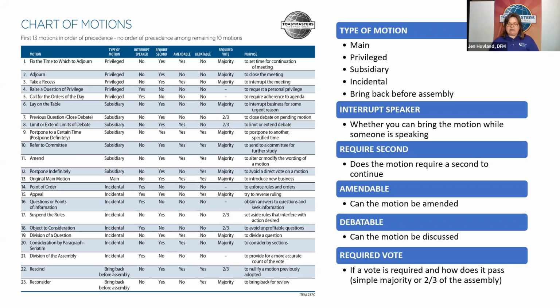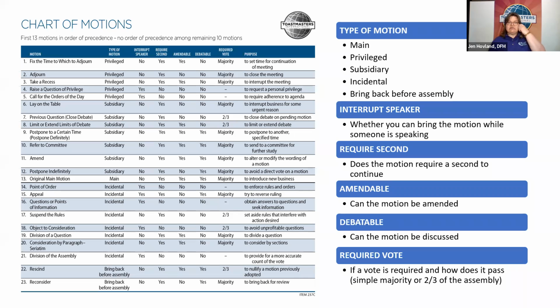Subsidiary motions affect how a main motion is handled or voted upon. Incidental motions provide a means of questioning the procedure concerning motions and how they can be considered. And then bring back to the assembly, those are things that were previously considered, AKA voted on. So those are the 5 types of motions.